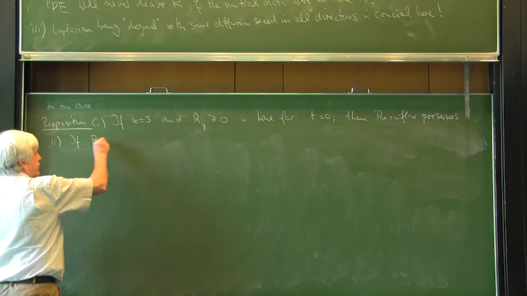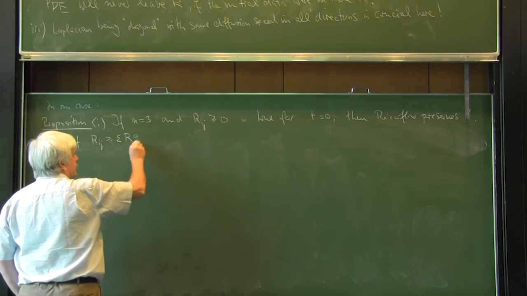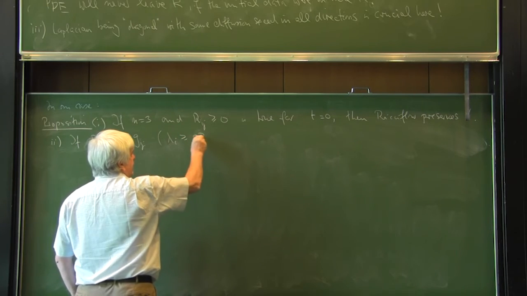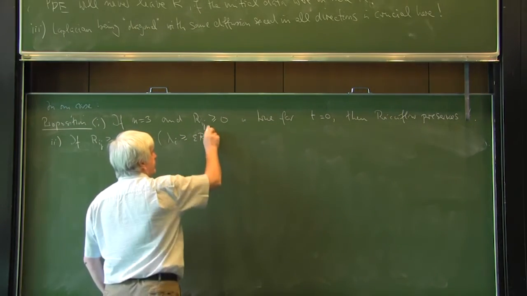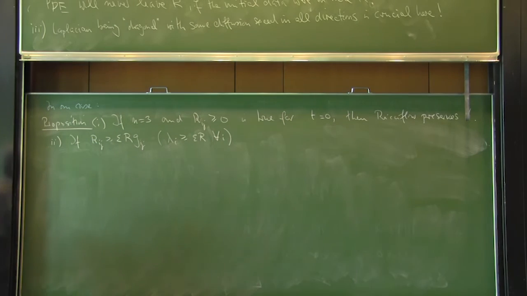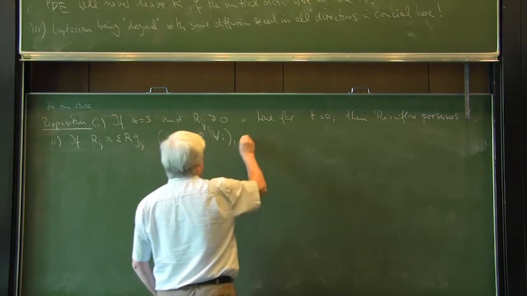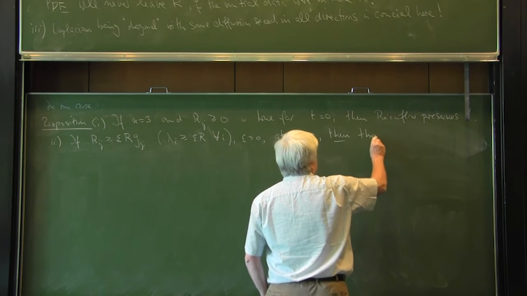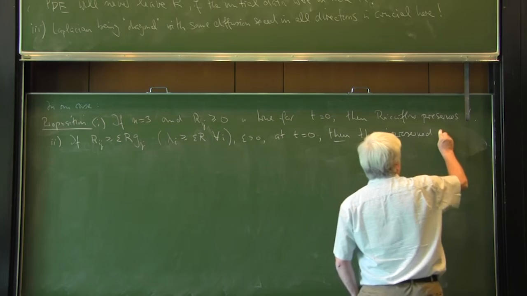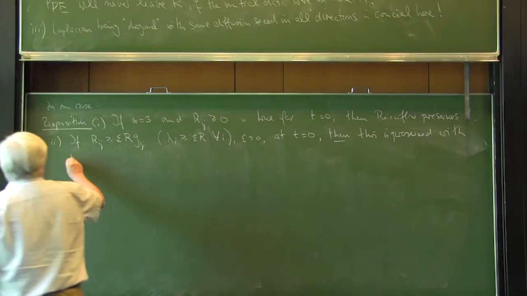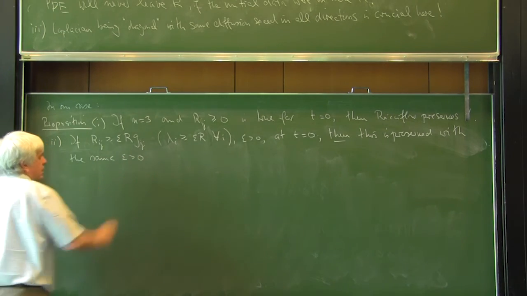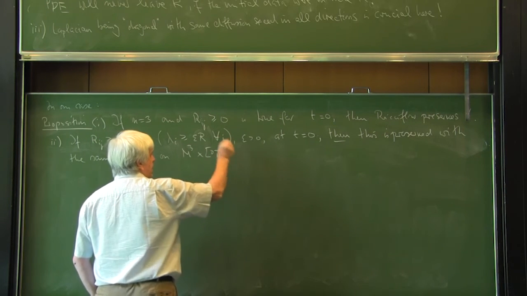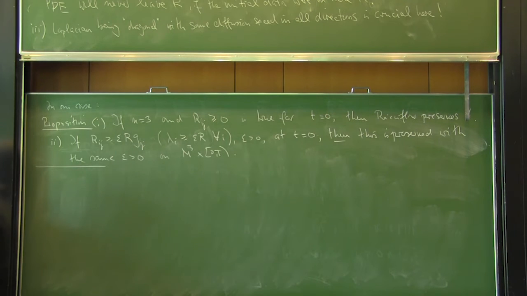So if the Ricci curvature is bigger than epsilon times the scalar curvature times the metric, which means that all eigenvalues of the Ricci tensor are bigger than epsilon times the trace, for some epsilon greater than 0 at t equals 0, then this is preserved with the same epsilon for all time. Okay? That's the theorem we can prove.